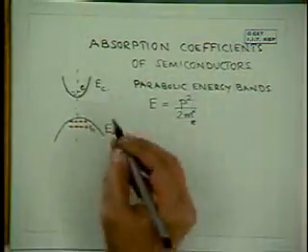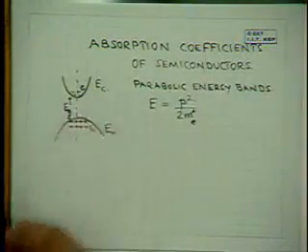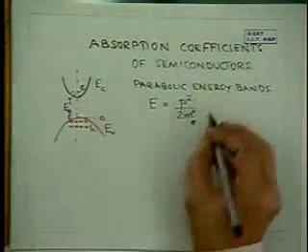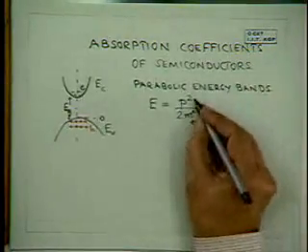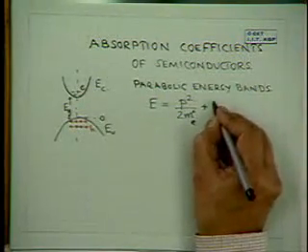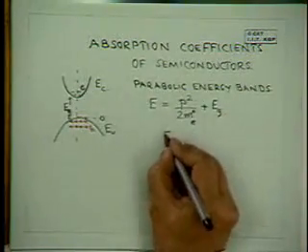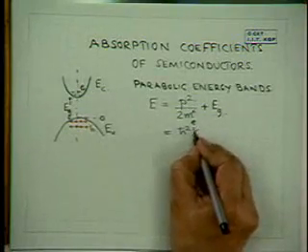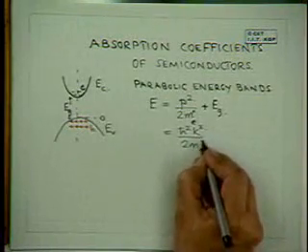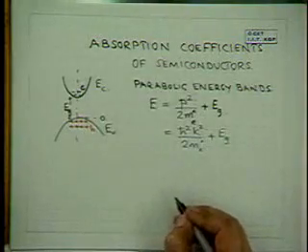And if we take Eg as the band gap, and the reference of energy is at the top of the valence band, then this is equal to p squared by 2 m E star plus Eg. We know that p is equal to h cross k, so we have h cross squared k squared by twice m e star plus Eg.